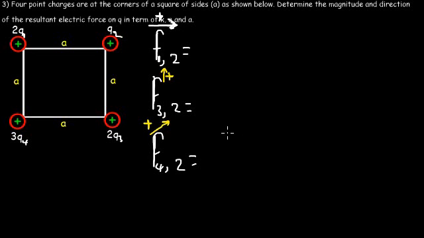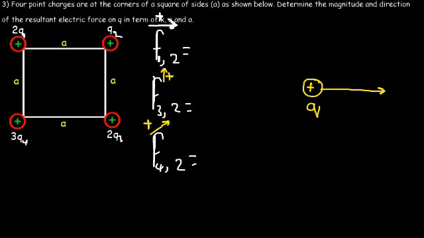Now that we know the direction of those forces, let's draw their vector diagram and see how to find the net force. This is Q2, which is the charge that we need the net force on, and it's positively charged. So Q1 tends to move this way, and therefore I'm going to have a vector along this direction.